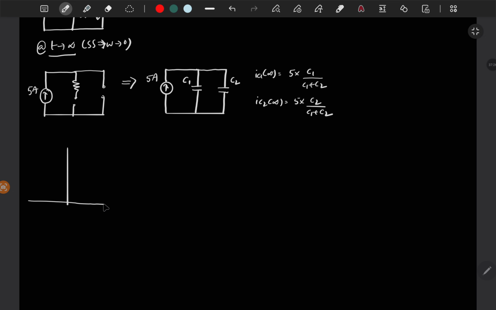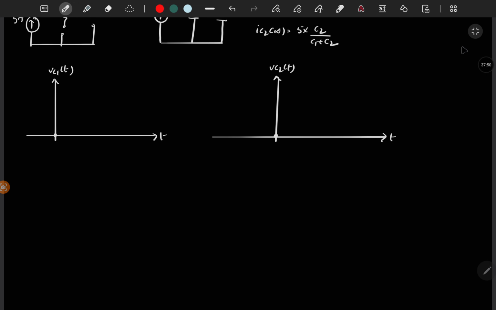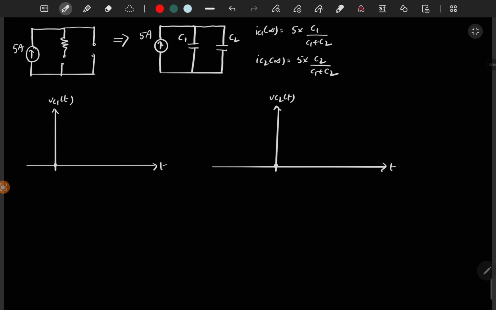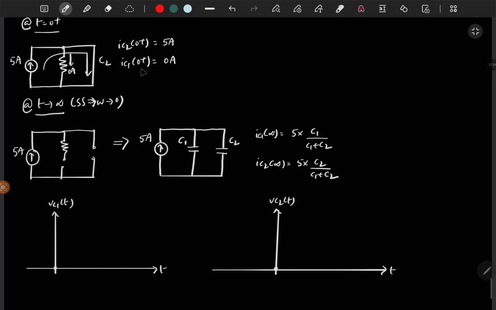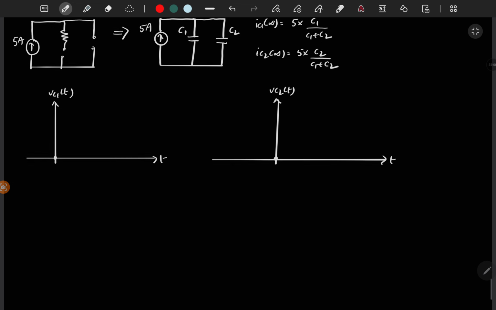If you want to draw the waveforms of voltage and currents, it is better if you can draw the current waveforms first, because you already have the initial currents and final currents, right?